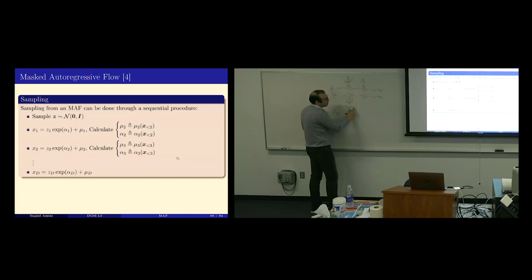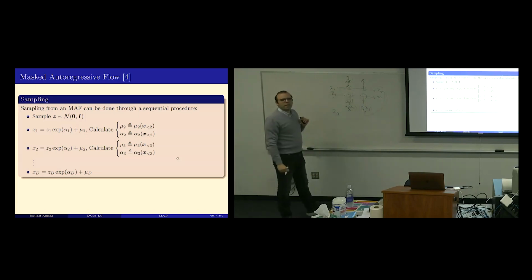X less than 2 is only x1. And you previously generated x1, so you can use it here as input to this neural network. And also for mu2, which is a function of x less than 2, or equivalently a function of x1, you again use this x1 here and generate mu2. And so on until the end. Is it clear? Okay.